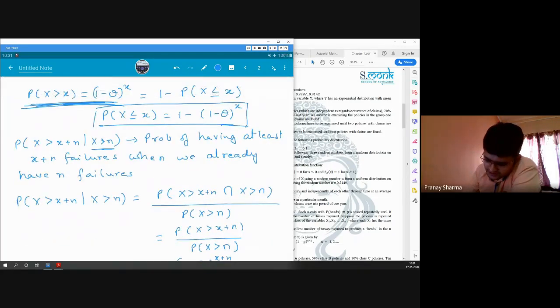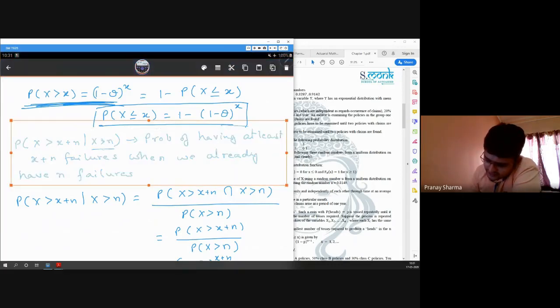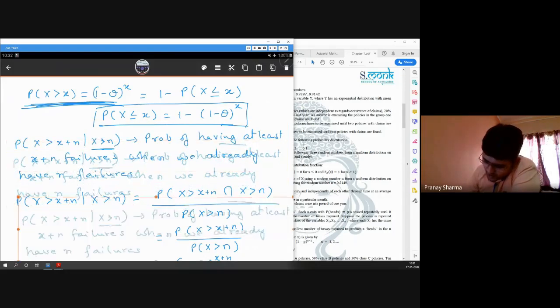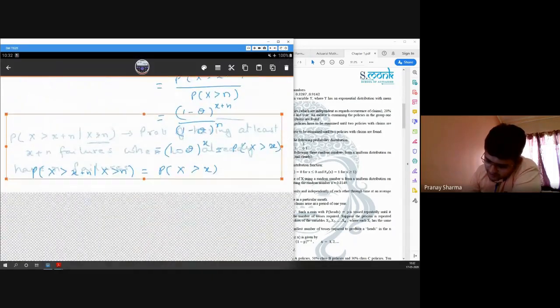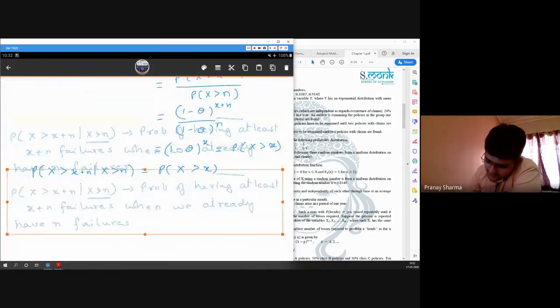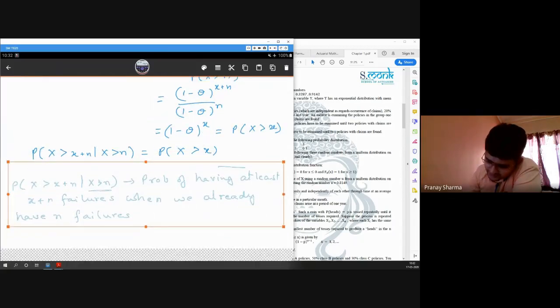This means the probability of having at least x plus n failures when we already have n failures must be equal to the probability of having x more failures.